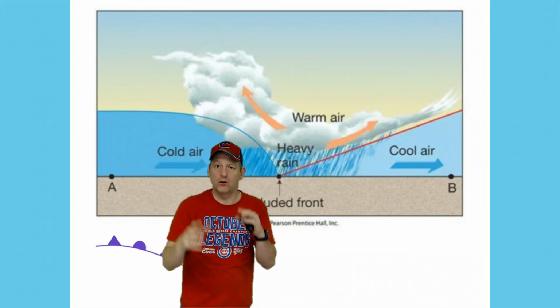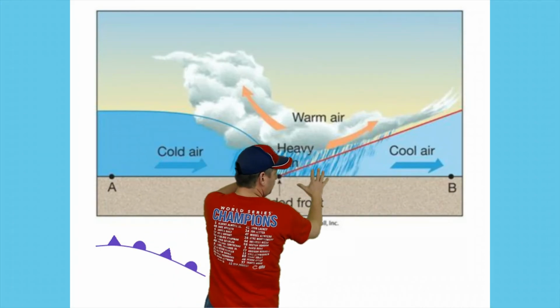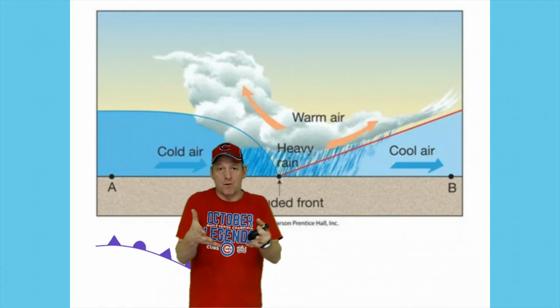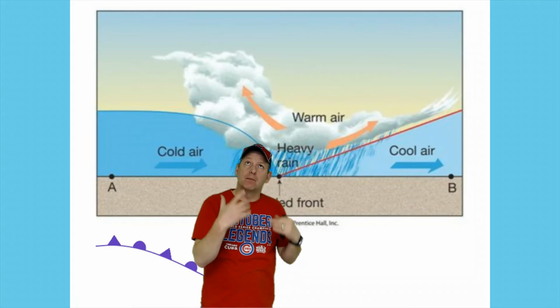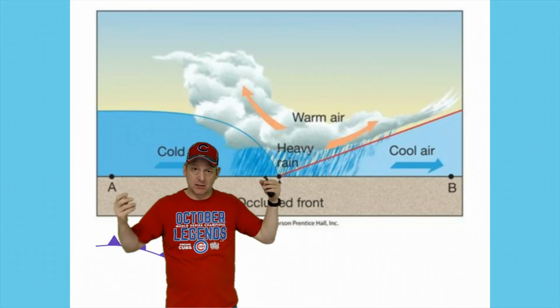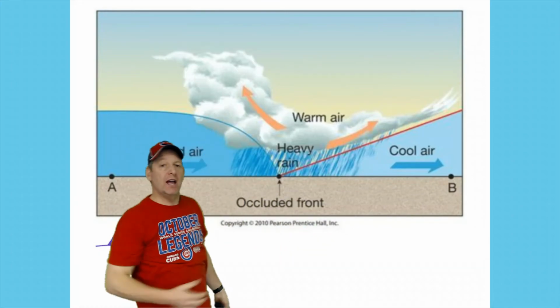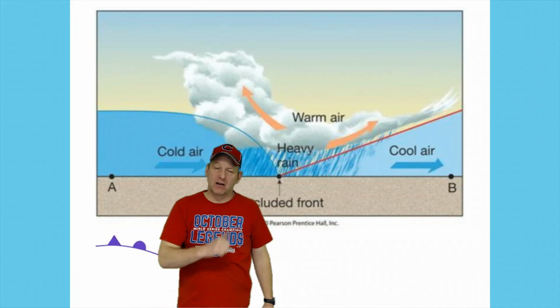Since they're both more dense than the warm air, this cold air comes in and just bulldozes all of that warm air up. It takes all of that warm air and pushes it all up. Not this little trickle going up, but all of it. Once we can take a massive air mass that's warm, full of moisture, and push that stuff way up into the sky really fast, then we have heavy rains.